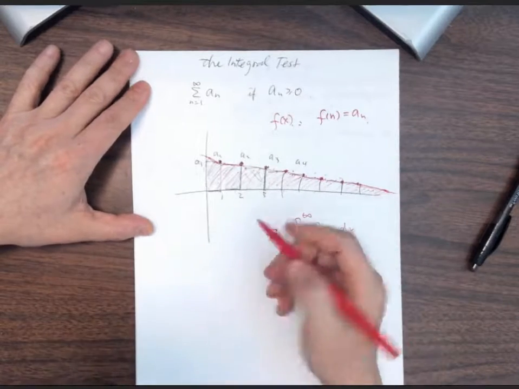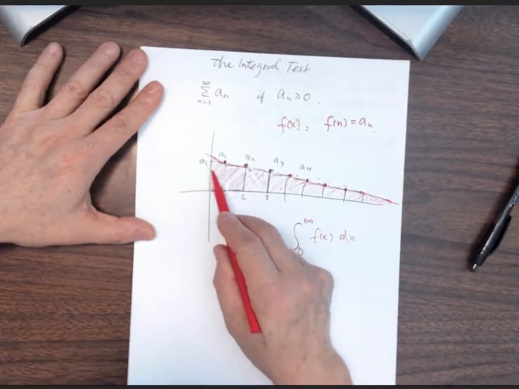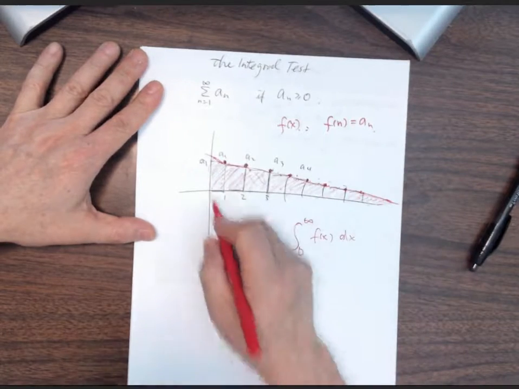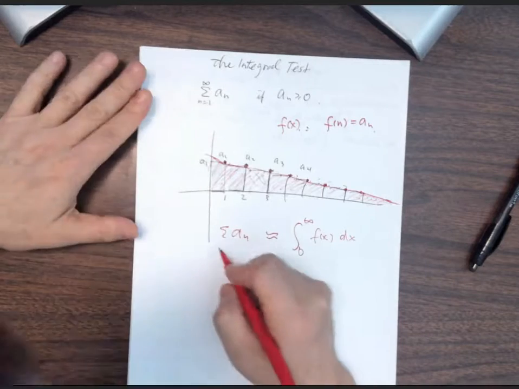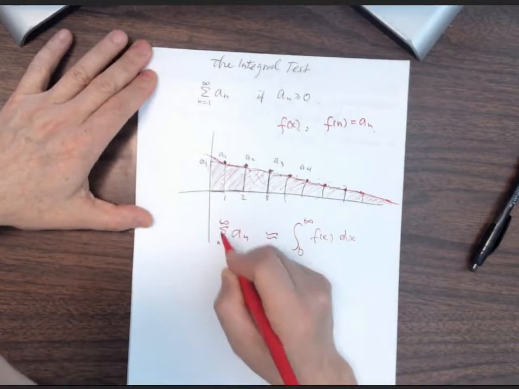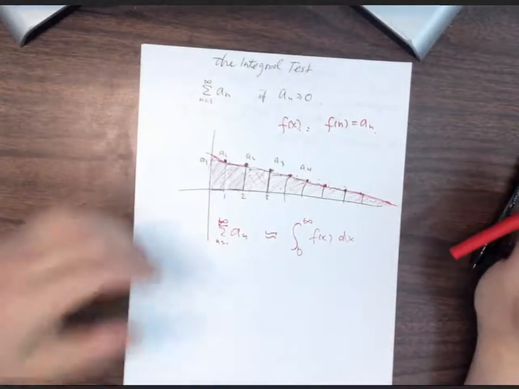So that should be close to the sum of areas of all those rectangles, which is our infinite series.